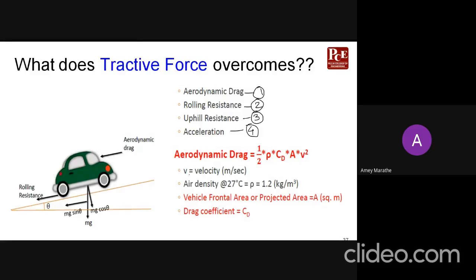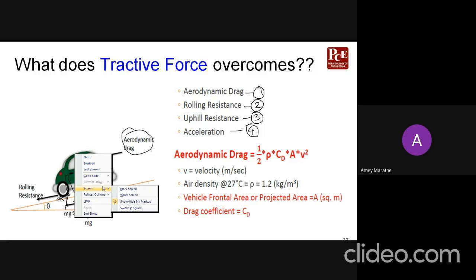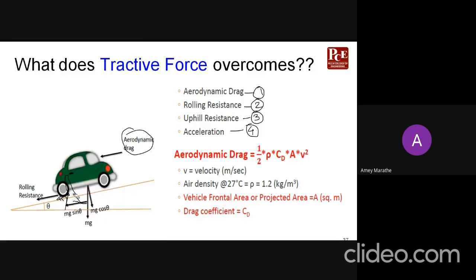Please remember that. So if you see this diagram here, this is my aerodynamic drag, this is my rolling resistance. My rolling resistance is a property of the tires which I am using, correct? Right?